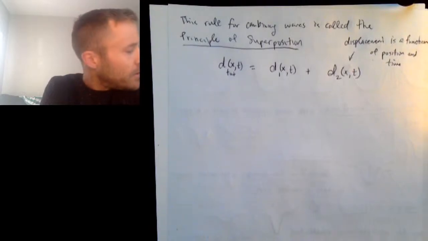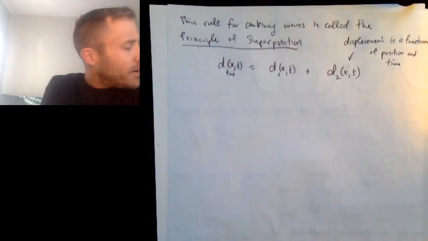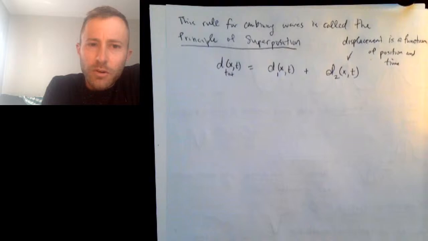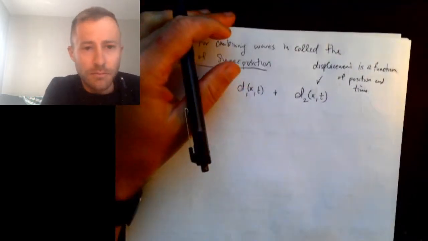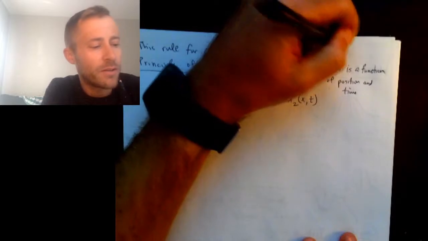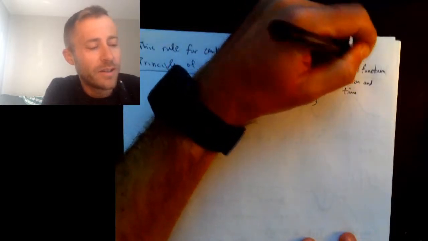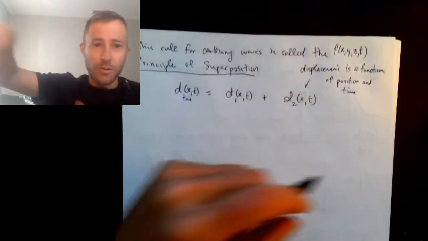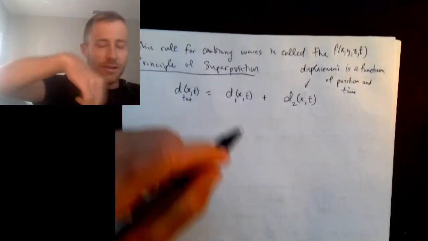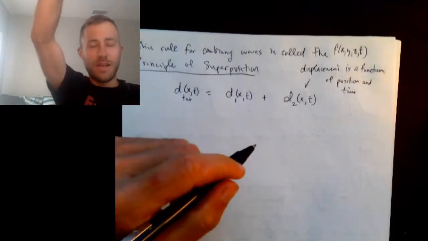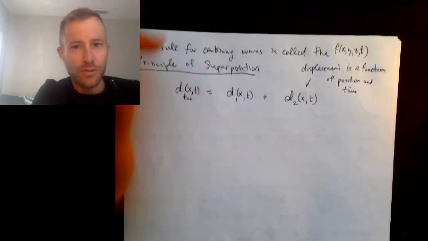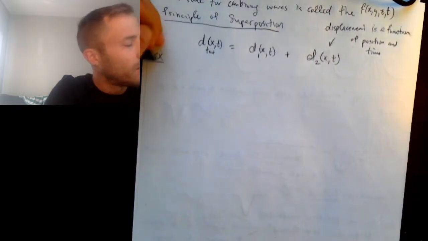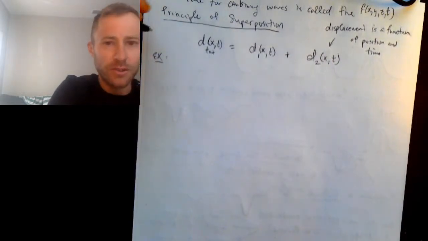Often in more advanced physics, you have a function of x, y, z, and time. That's a function of where you are horizontally, where you are into the page and out of the page, where you are vertically, and when. So that's the notation if you have a function of more than one variable. Let's do an example just practicing that really fast.